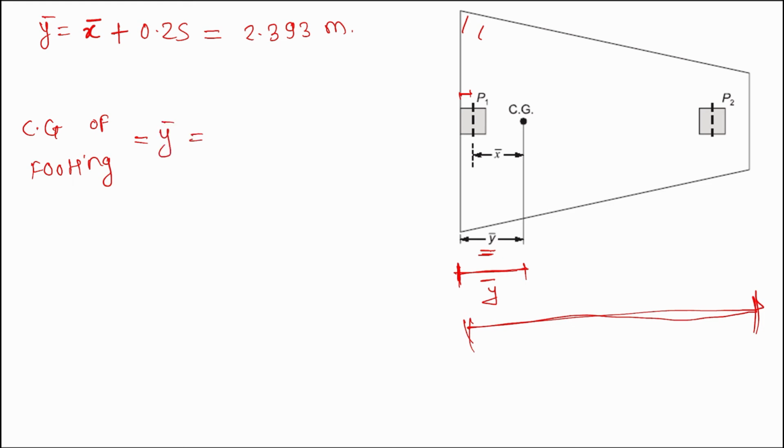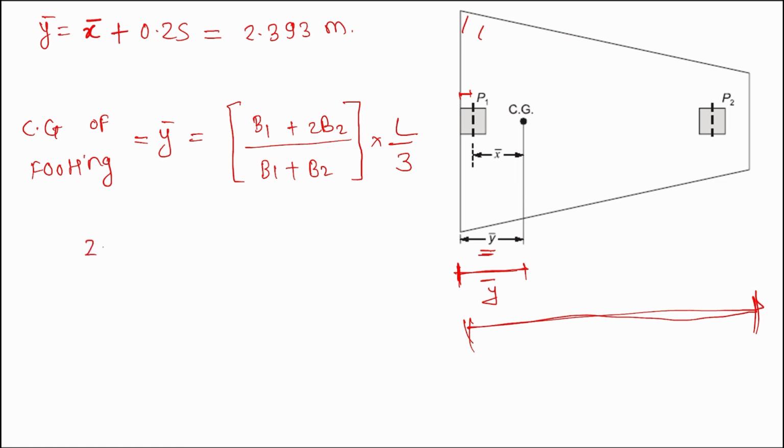CG of footing y bar equals B1 plus twice B2, you can call it H1 as well if you want to, divided by B1 plus B2, into L by 3. This is the formula for the CG of a trapezoidal section or shape.